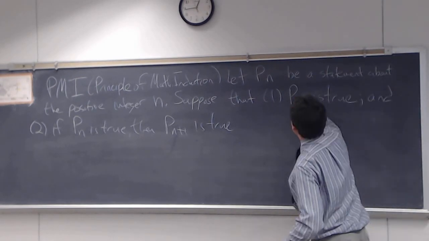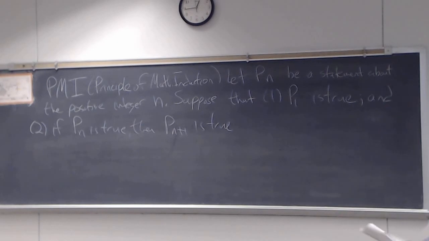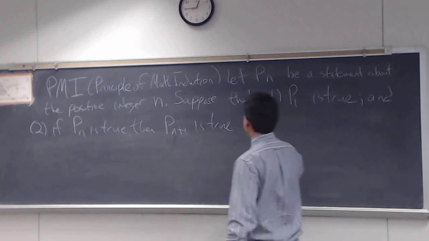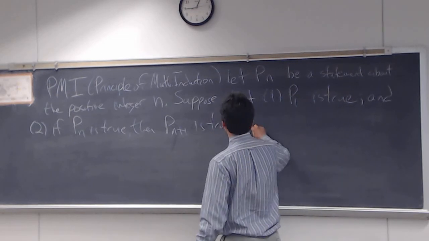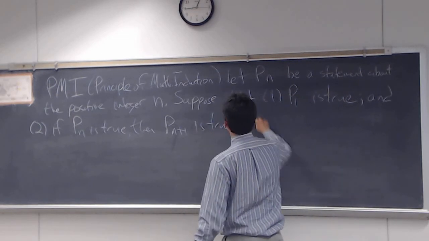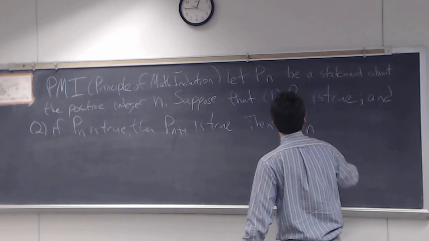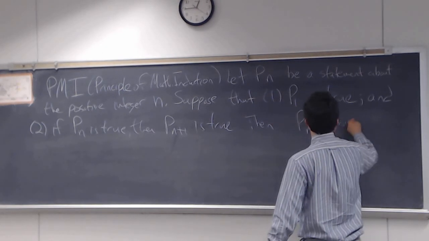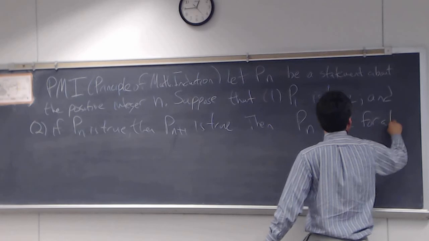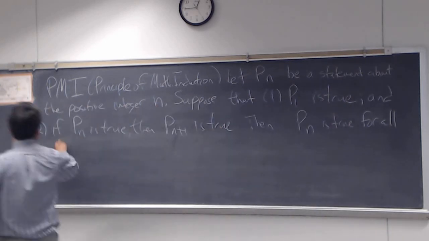Call this P naught, or we'll call this P sub 1. Positive integers, we start at n equals 1. We'll see, though, actually, you can start this at any integer. So you have these two properties. Then we're able to conclude P n is true for all positive integers n.